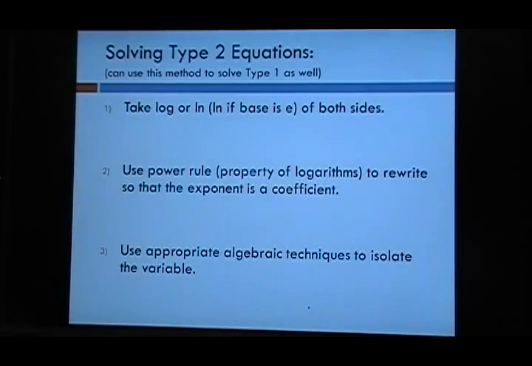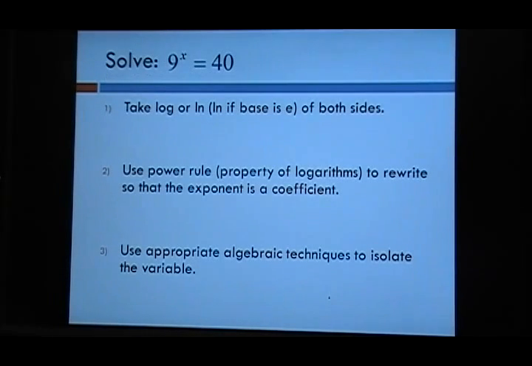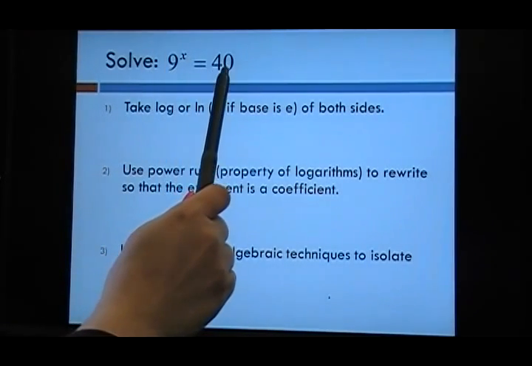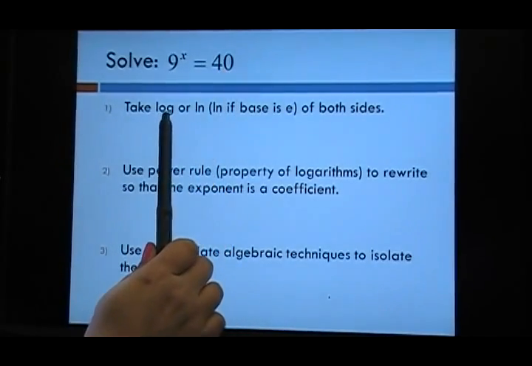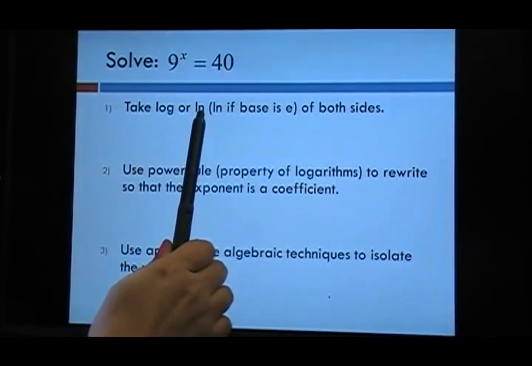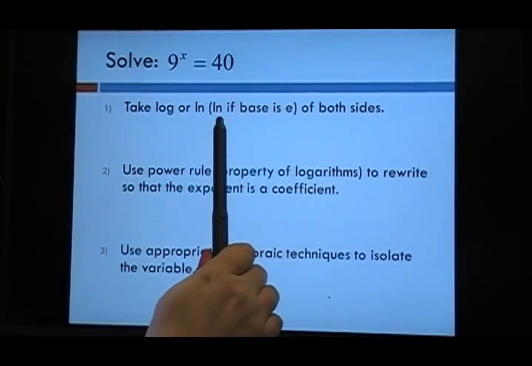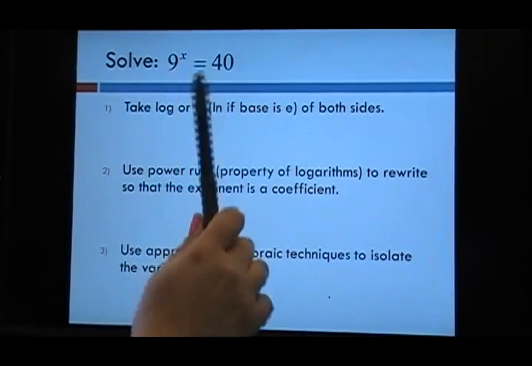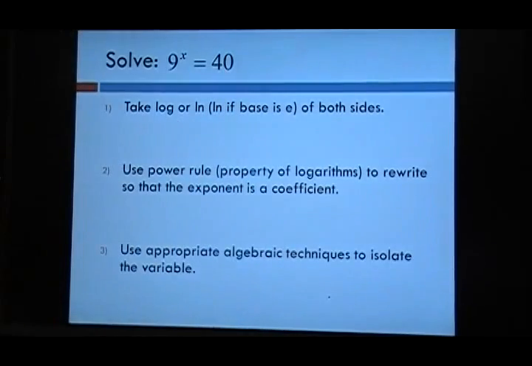Okay? The second type, the 9 to the x equals 40. If we can't write both in terms of the same base, what we do instead is we either take the log or the natural log, and typically we just reserve natural log if the base of our exponent is e, and then we proceed from there.